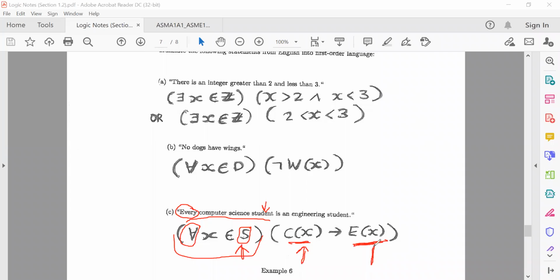Tell me that this predicate E(x) stands for "x is an engineering student." So for all students, if they're doing computer science, then definitely they are also engineering students, all right? If you have a shorter way of writing this, good, but make sure that you tell me what your predicates are, and they have to make sense. Don't just write symbols and think that I'm just going to understand.